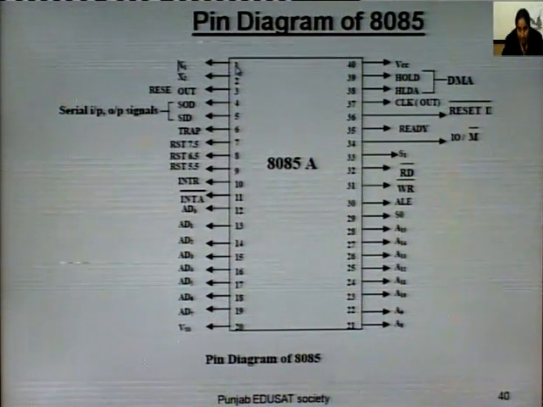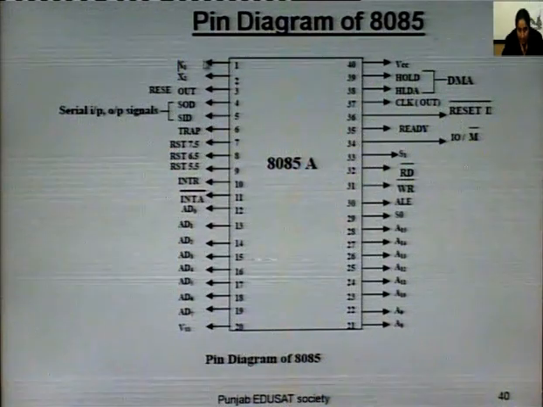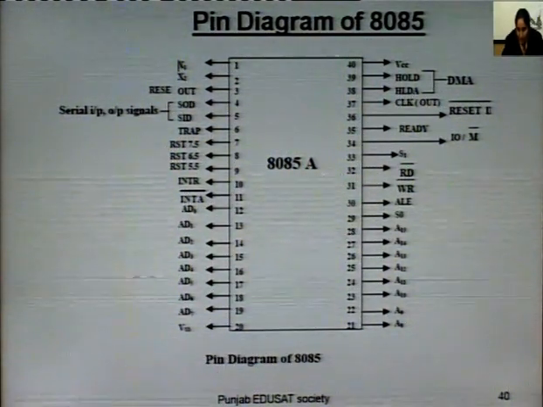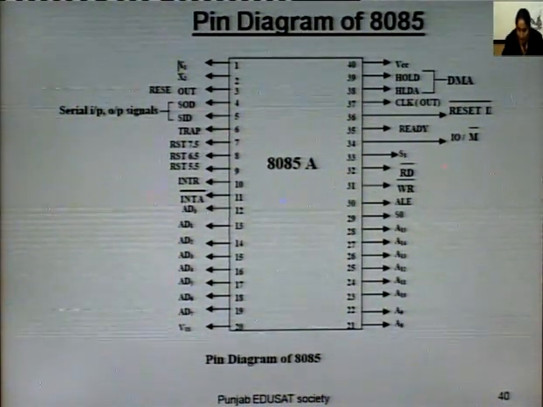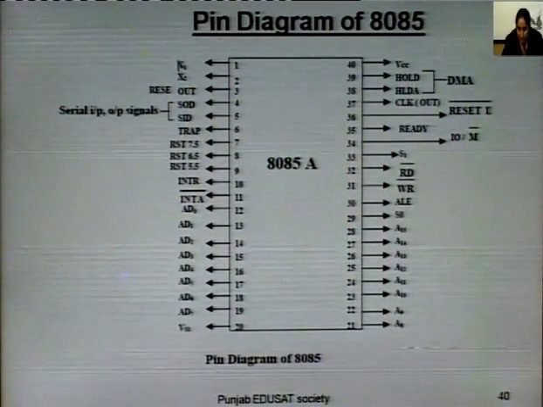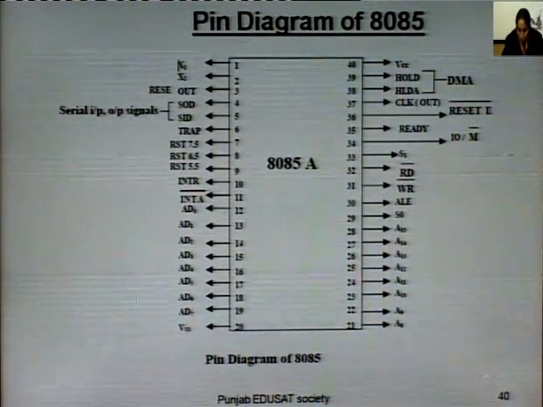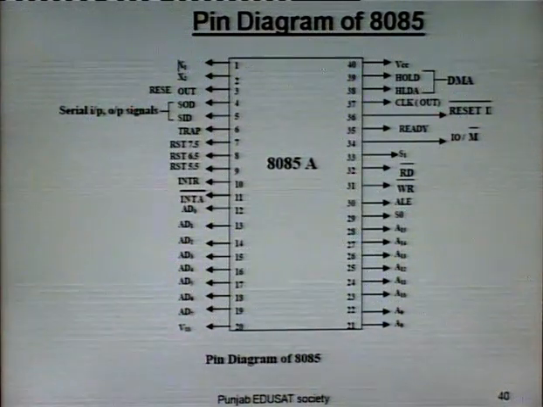First of all, the first and second pins, X1 and X2. These are the terminals connected to an external crystal, LC or RC oscillator. These pins are used to drive the internal clock generator which produces a suitable clock for the operation of the microprocessor.